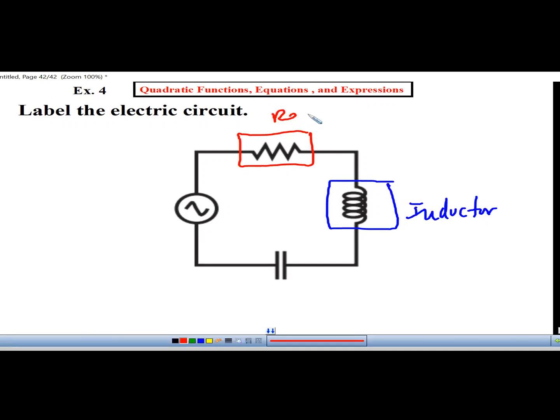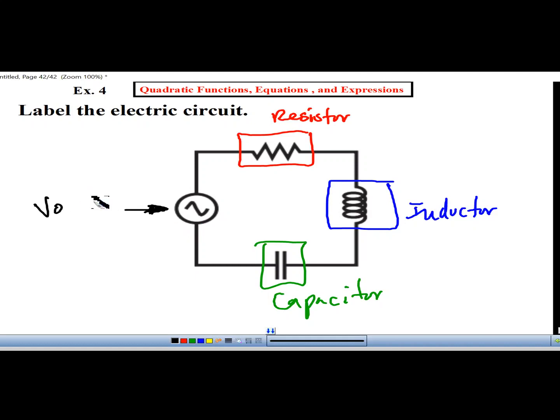Resistor. Resistor, that is correct. And this bottom one down here in green, I'm going to label it, the last one is the capacitor. And this one, guys, they use different labels. Right now, I'm just going to use this one that looks like an N turning. This is what they call voltage. Voltage. That means how much power is going in, okay?